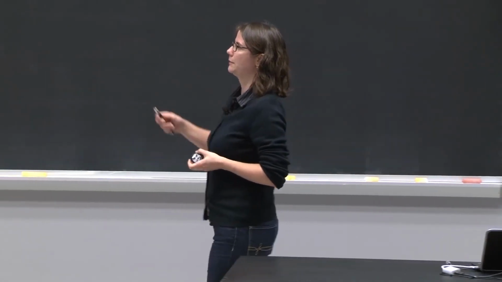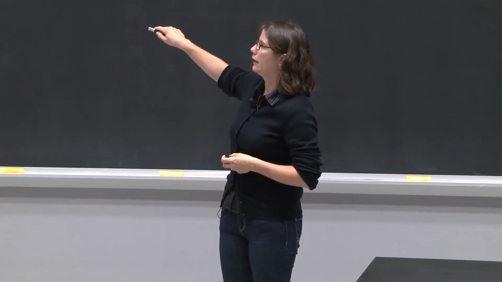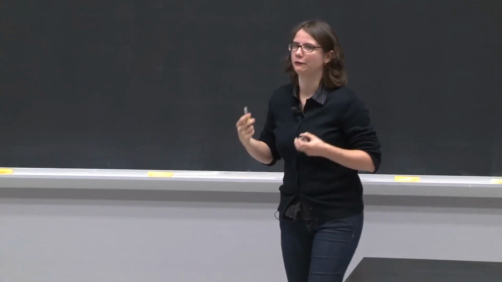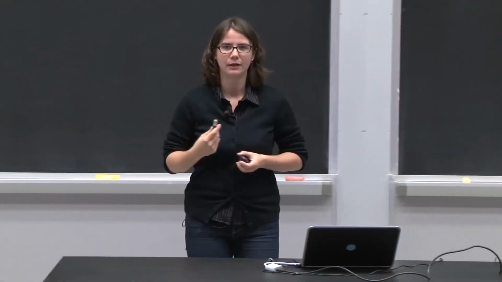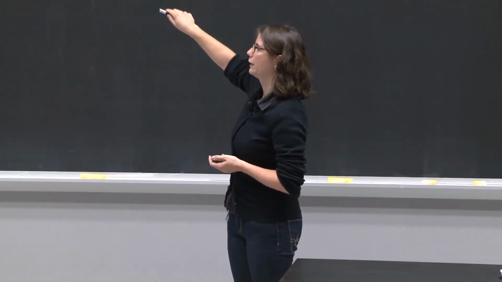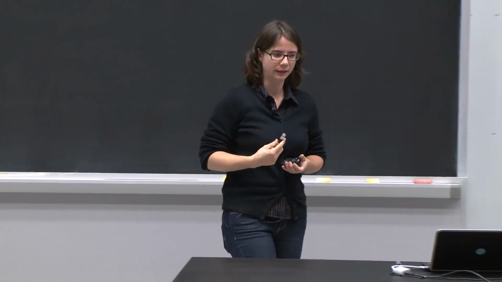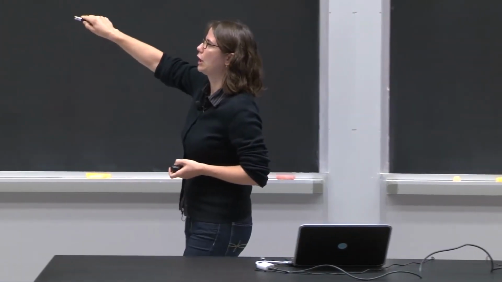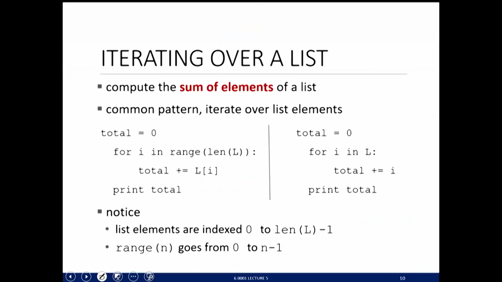I've said this a couple times before, but it'll make your life a lot easier if you try to think of iterating through the elements of a list directly. It's a lot more Pythonic. I've used that word before. So this is a common pattern that you're going to see where you're iterating over the list elements directly, right? We've done it over tuples. We've done it over strings. So these are identical codes.